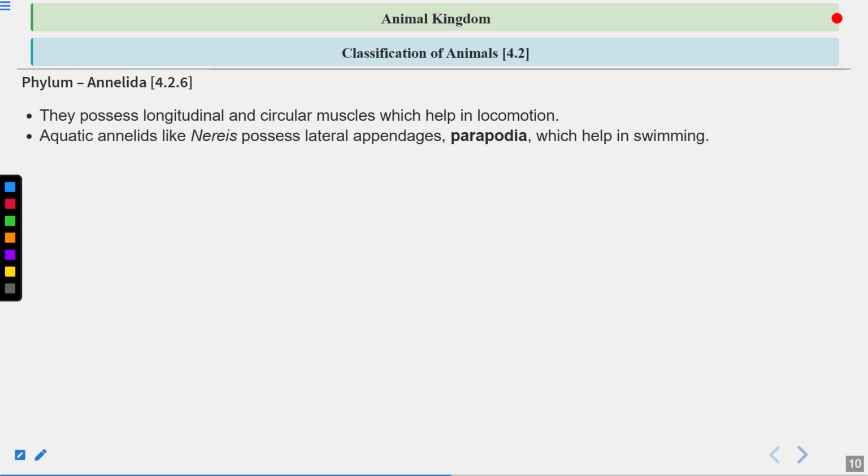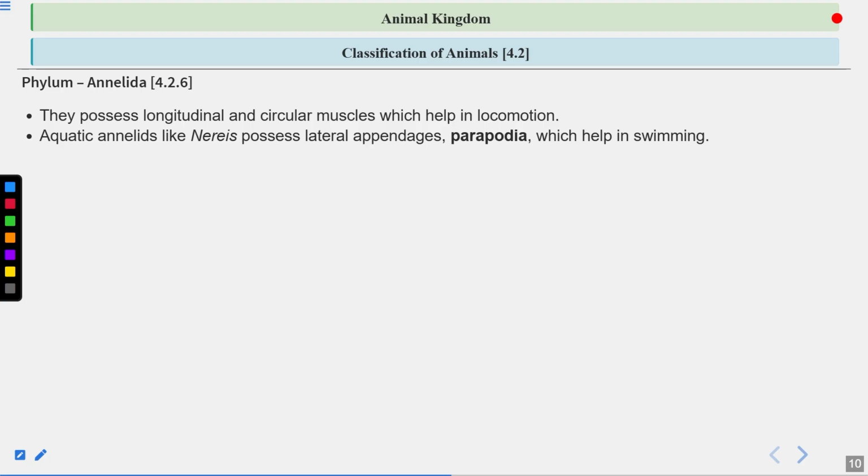You can see the 3 layers of cells: the outermost layer is called ectoderm, the innermost layer is called endoderm, and in between the ectoderm and endoderm there is a mesoderm layer, right?